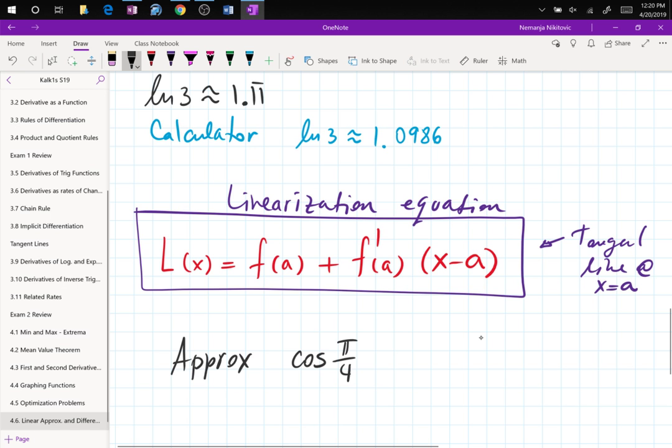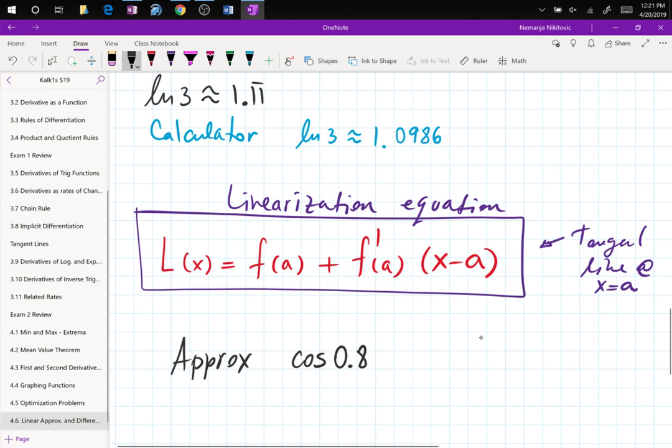How much is pi divided by 4? We need that decimal, and it needs to always be in radians. So pi divided by 4 is equal to 0.785. No, I read the problem wrong. Hold on. They want us to approximate cosine of 0.8. There we go. That's much better.